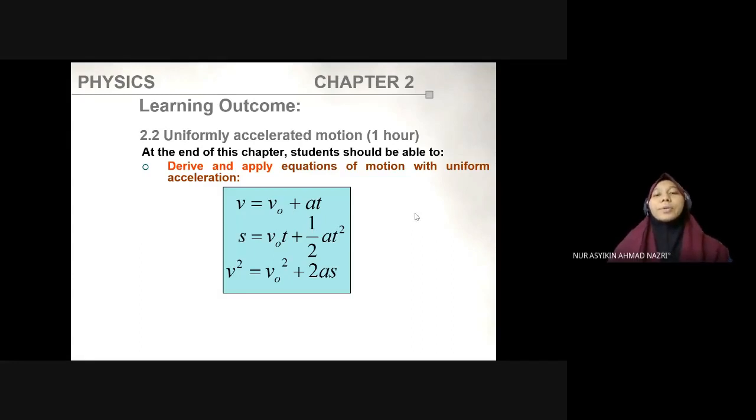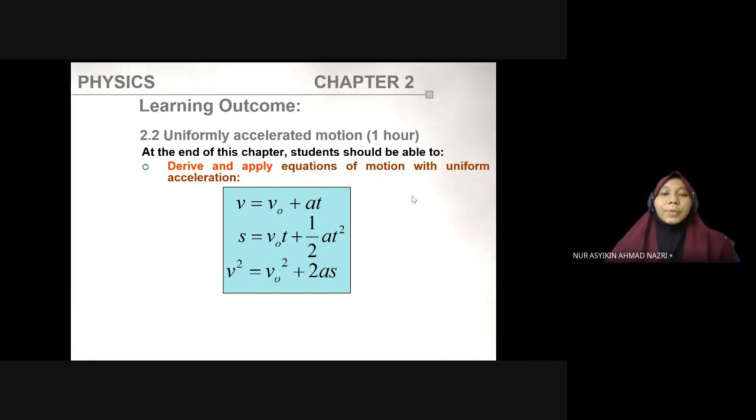Before this, the motion that we have seen is about a car moving horizontally. The one that we want to calculate is very simple, V average. So that is very direct.